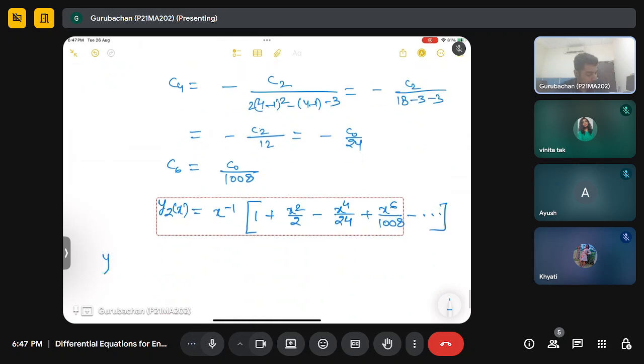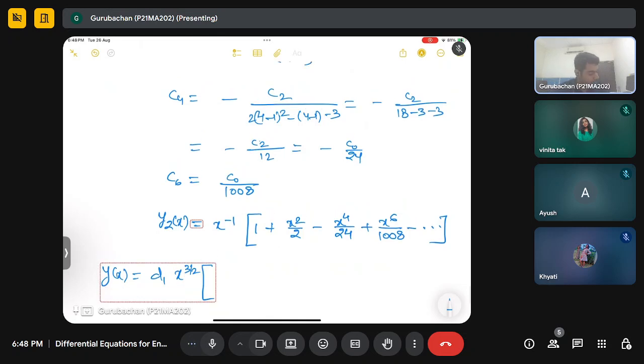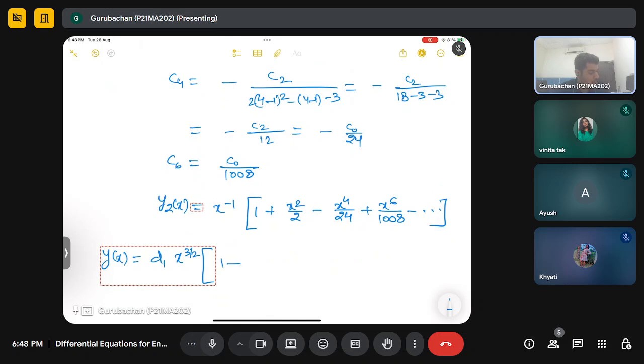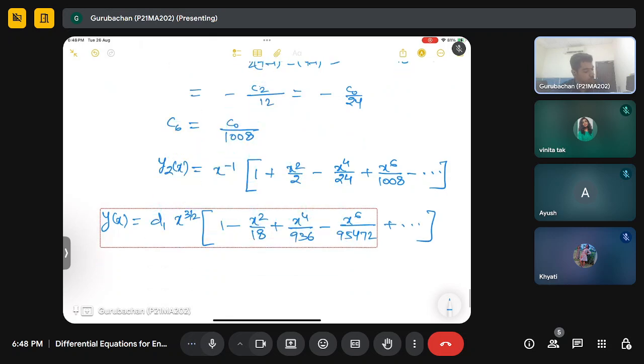So your general solution will be y(x) equals d1 times your first solution, x to the power 3 by 2 times 1 minus x square by 18 plus x to the power 4 by 936 minus x to the power 6 by 95472 and so on, plus d2 x to the power minus 1 times 1 plus x square by 2 minus x to the power 4 by 24 plus x to the power 6 by 1008.